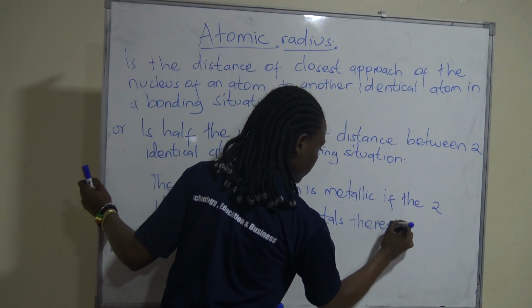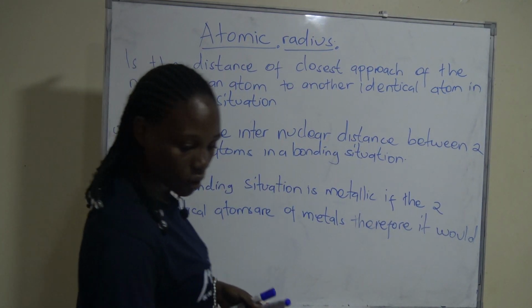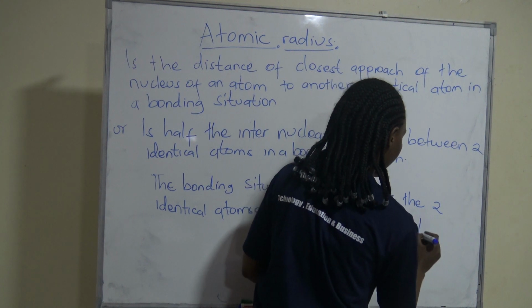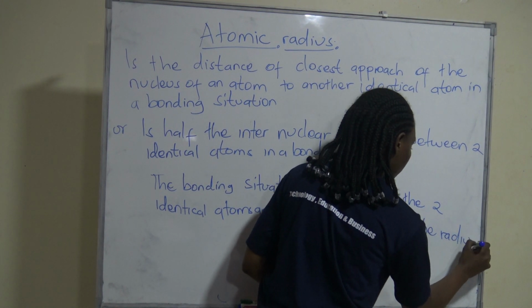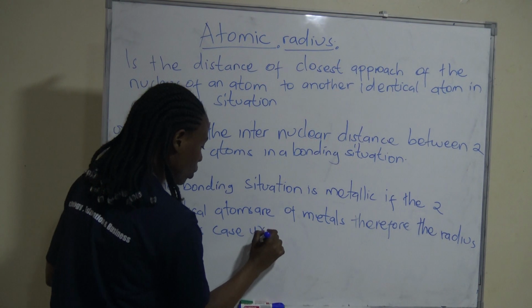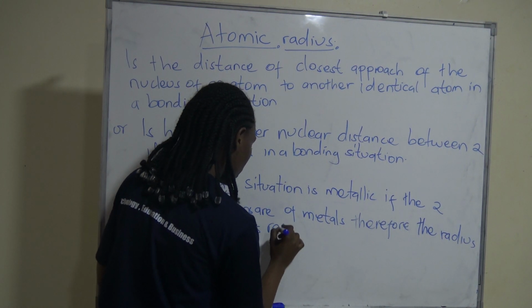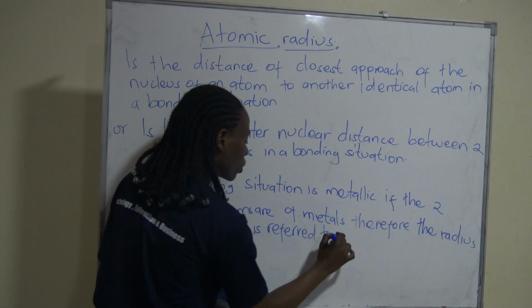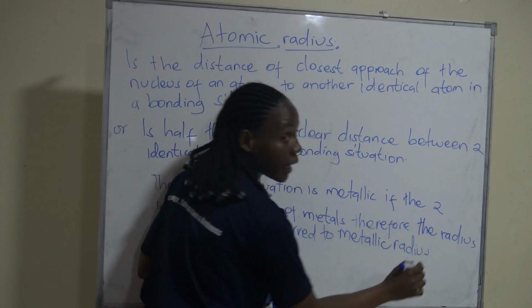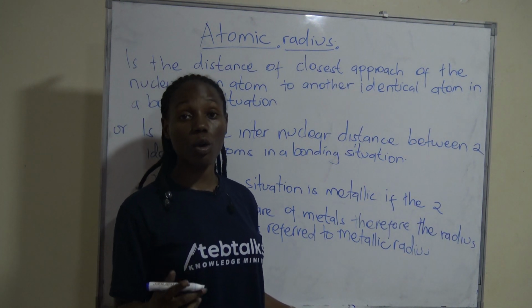Therefore, the radius in this case is referred to as metallic radius, because we are getting it from bonding two identical atoms of a metal.